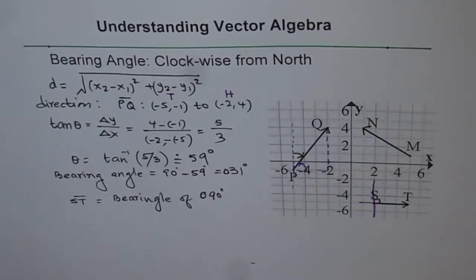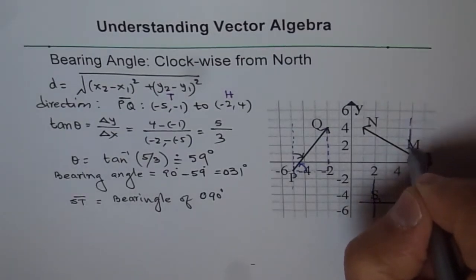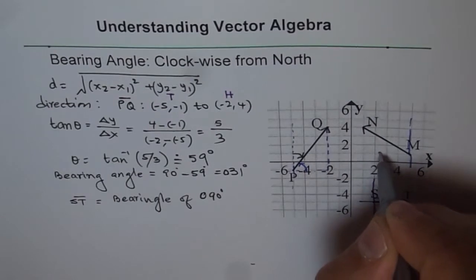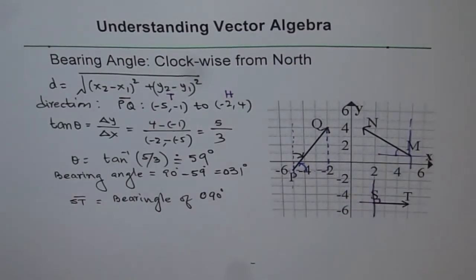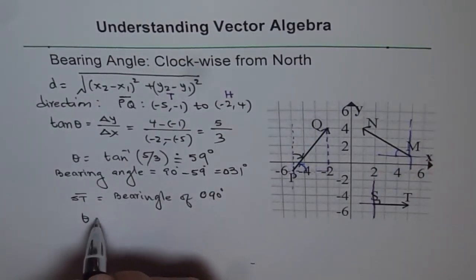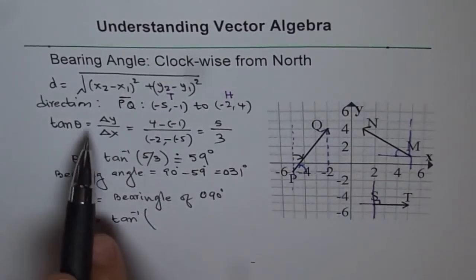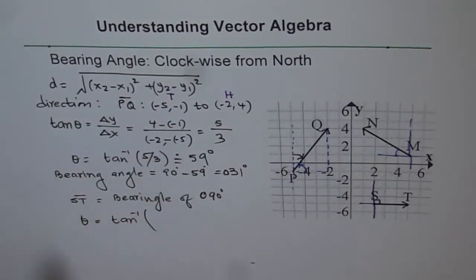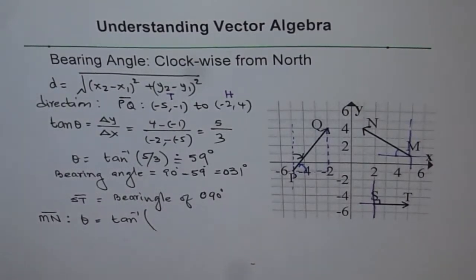Now let's do the same calculation for the vector MN. Let's find this angle. So theta equals tan inverse. We are doing a shortcut; we'll follow exactly the same method. I'm using the MN vector and finding the bearing angle for this.